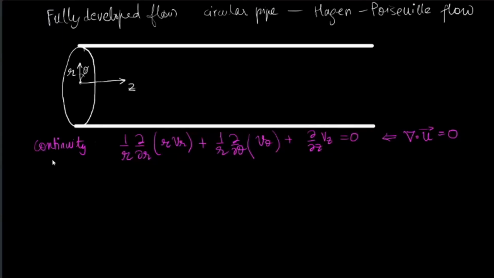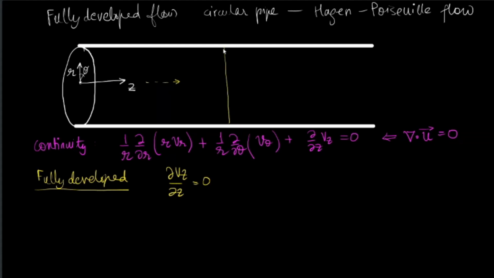When we assume that the flow is fully developed, in this particular case del Vz del z would be equal to 0. That is, the z component of velocity is invariant in the z direction. You can take any cross section you want and you would have the same velocity, provided that the flow is fully developed.